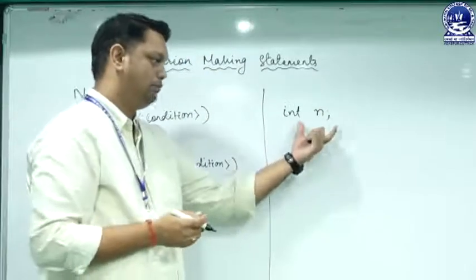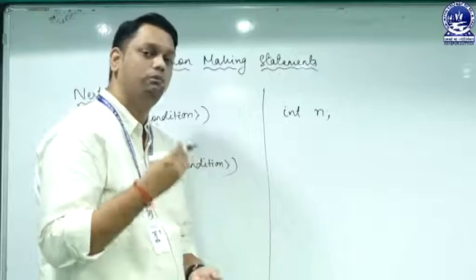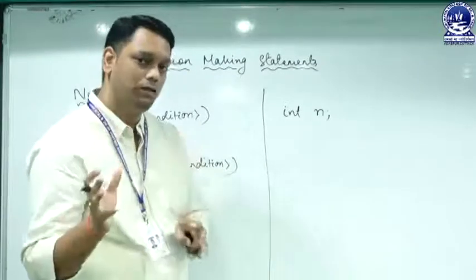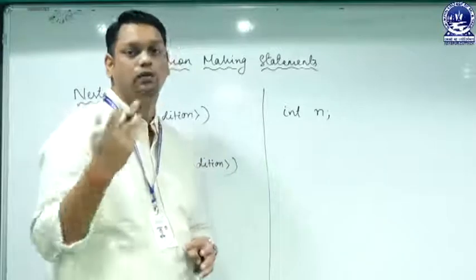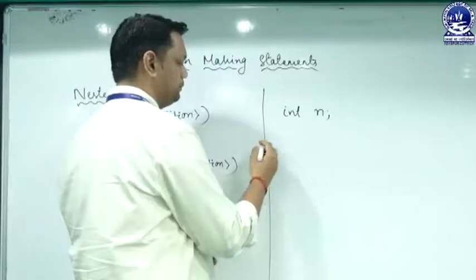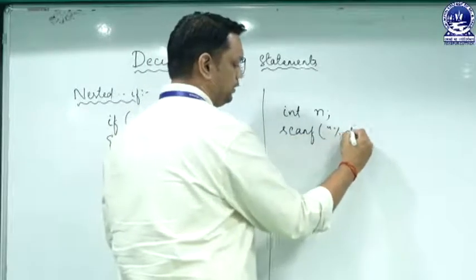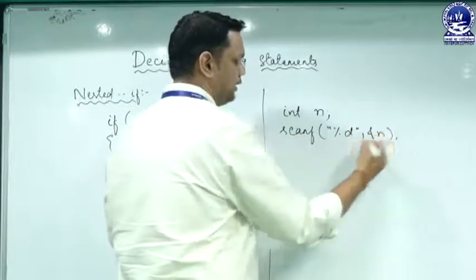I want to check whether the number n is divisible by both 3 and 5 or not. That means I have to print a number which is divisible by 3 and also by 5. So in this case, I will write scanf("%d", &n), that means I will enter a number.